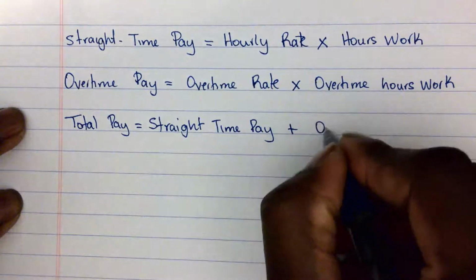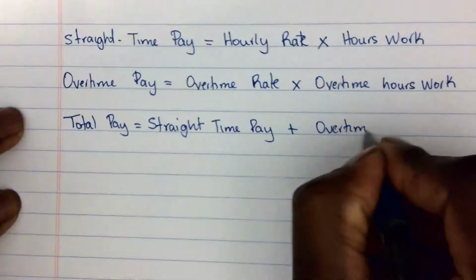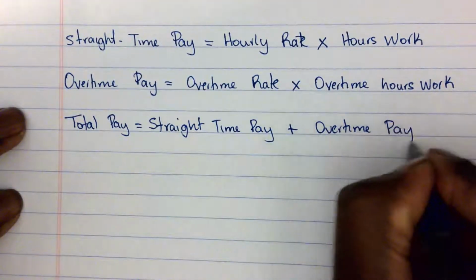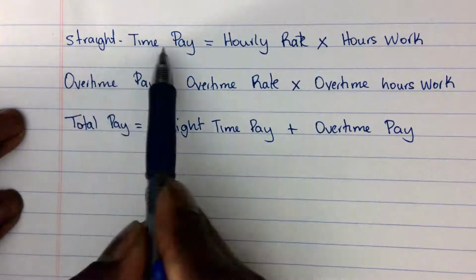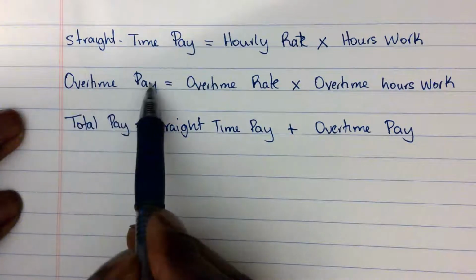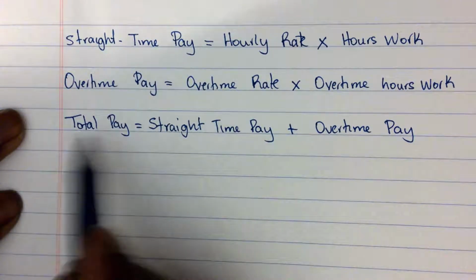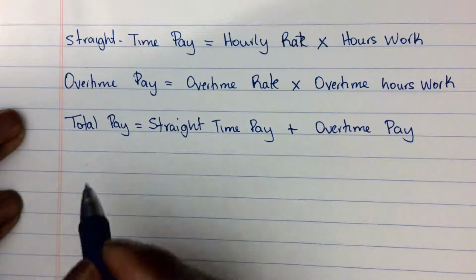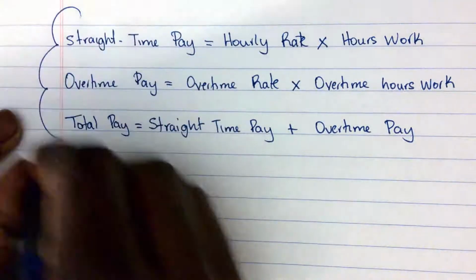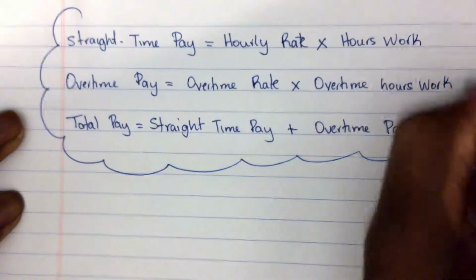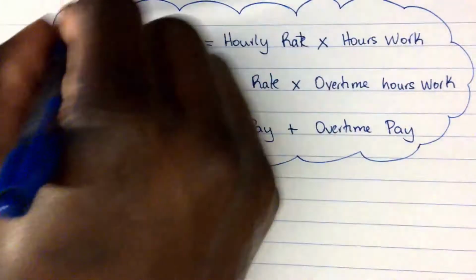So based on this, we have to know how to calculate our straight time pay and our overtime pay before we can calculate our total pay. Let's go ahead and box these, because this is going to be very important for the lessons we're about to do.